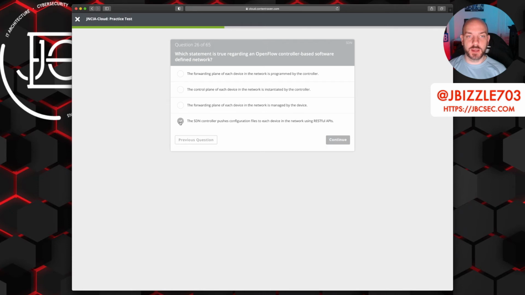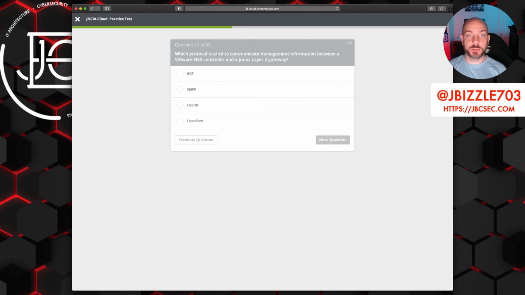I like that. Because RESTful API is very specific, and I don't know that that really is the case with the network devices. But I like the idea of the controller controlling the way that the forwarding plane forwards traffic. Okay.